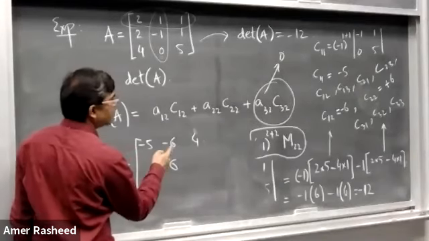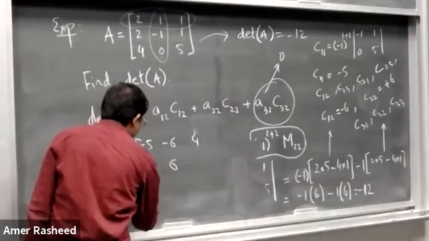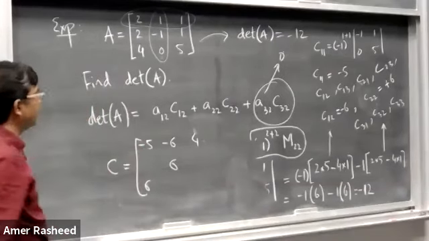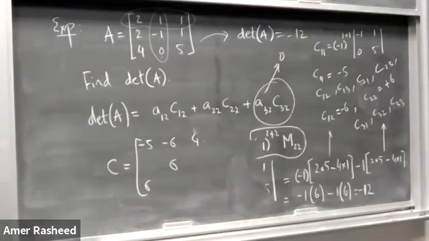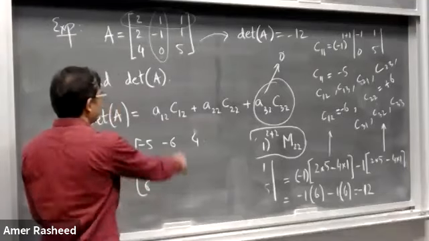C22 is plus 6. Sir, tell me C21. Sir, C13 is 6. And C21 and C23. C13 is not coming out as 4. C13 is 4, isn't it?